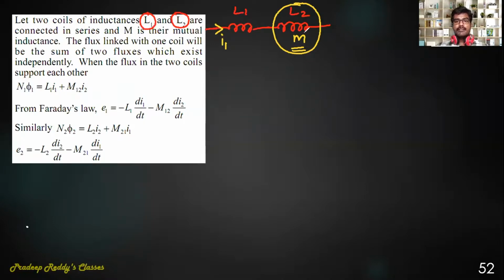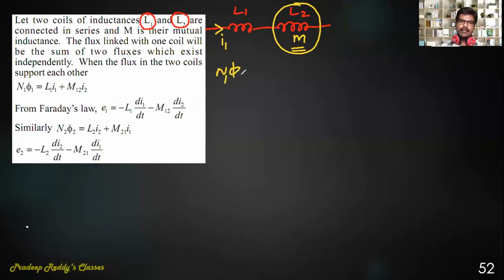Likewise, when current is passing through the second inductor, mutual induction will be developed in the first inductor, and vice versa. Because of current in the first inductor, mutual inductance is developed in the second inductor. Because of current in the second inductor, mutual inductance is developed in the first inductor. Therefore, from Faraday's law, the total flux change in the first inductor is N1 phi 1, where N1 is the number of turns.